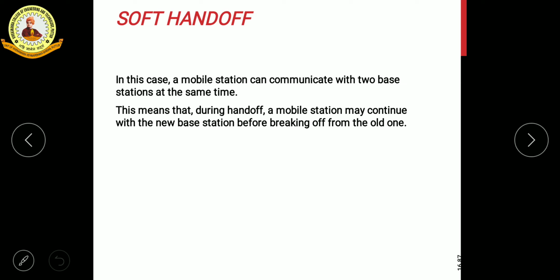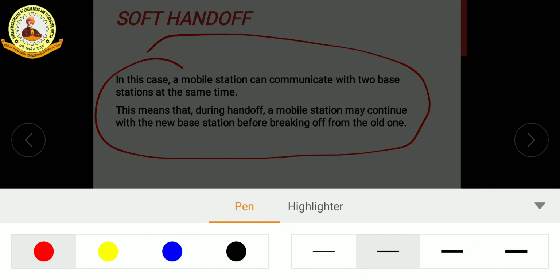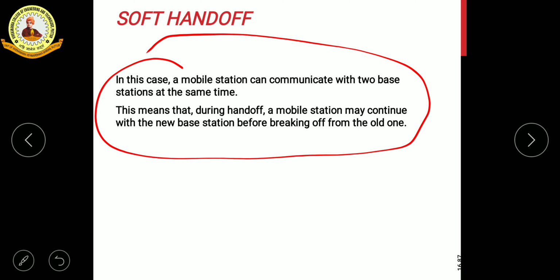This means that during handoff, a mobile station may continue with the new base station before breaking off the old one. This is what is followed in today's scenario, that is soft handoff is followed by all our service providers. By virtue of this, we will not get to know whether we are moving from one cell to another cell.